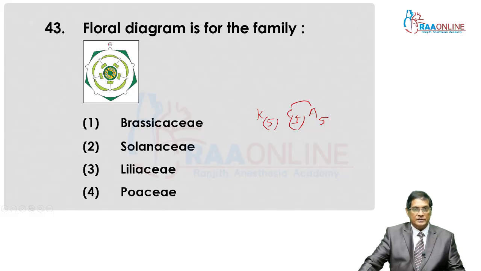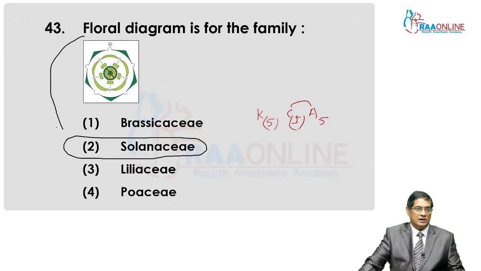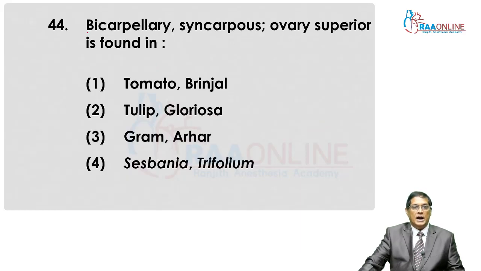An actinomorphic sign is there, and we have already studied the floral formula of this family in the previous question. So again, pentamerous condition and epipetalous condition. Hence, this floral diagram is the diagram of family Solanaceae. Now, bicarpellary syncarpous ovary and superior.